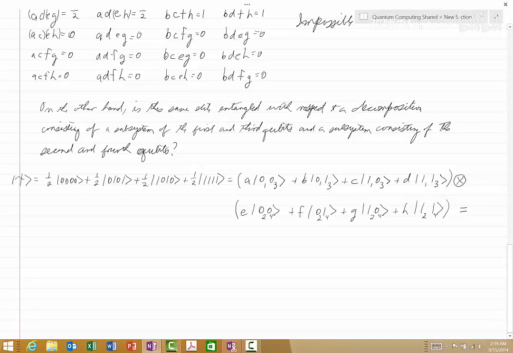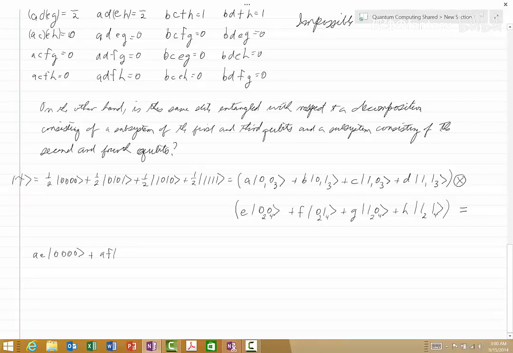We will get the first term coming out, the AE term, will be |0000⟩. Maybe I should go ahead and spell this out. So this will be AE|0000⟩ plus AF.